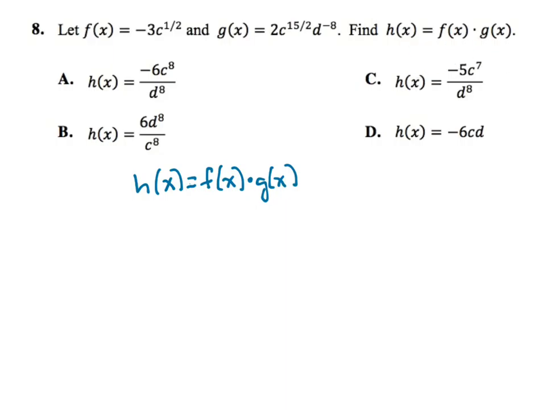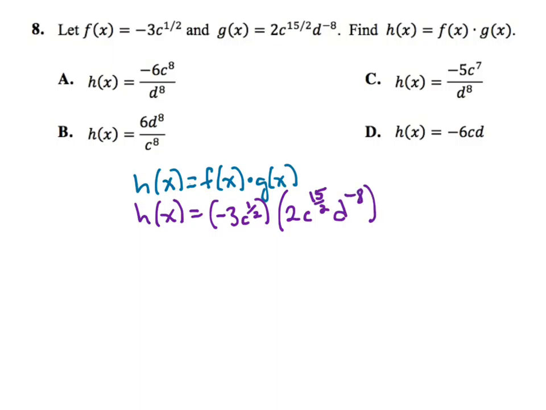What am I going to plug in for f of x? Right here, f of x is negative 3 c to the power of 1/2. And now I'm going to multiply that by g of x. g of x is right here: 2c to the 15/2 d to the negative 8.